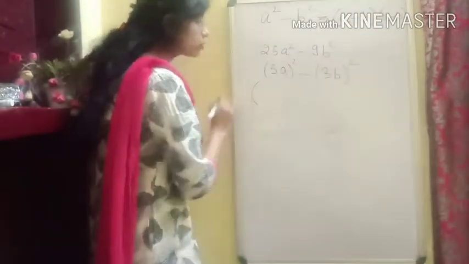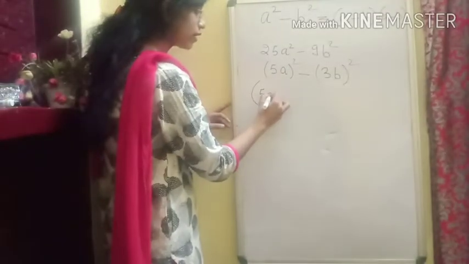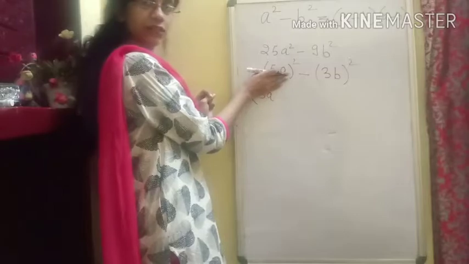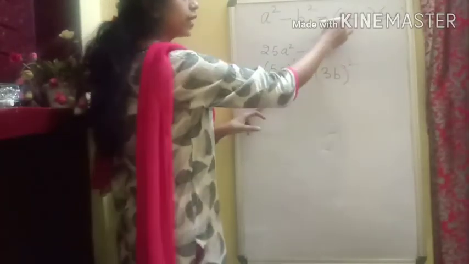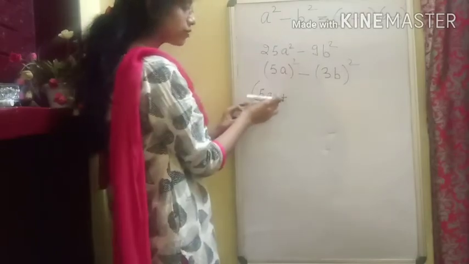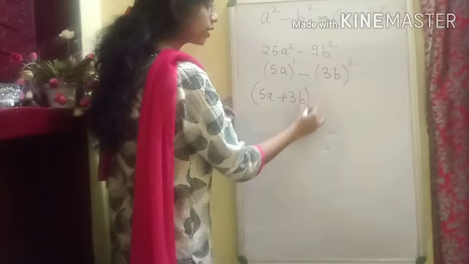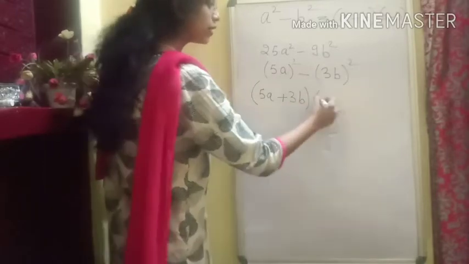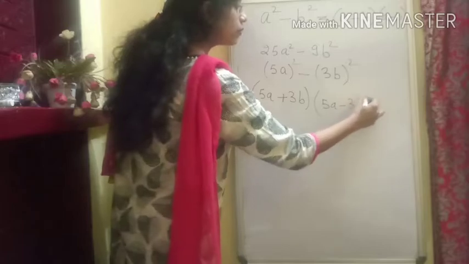So what is our a in this question? It is 5a, only the term which is there. So here our a is 5a plus b, and b is 3b. And in another bracket a minus b: a is our 5a, and b is our 3b.